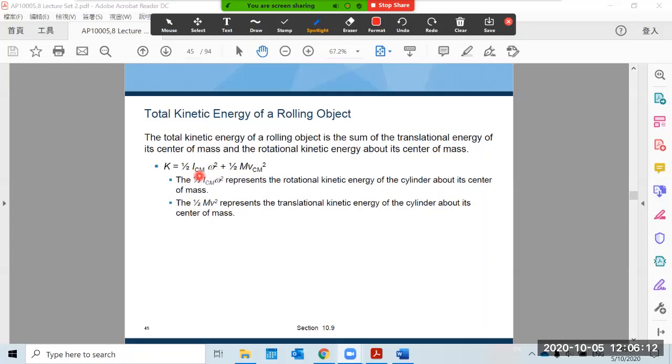So when we consider the energy of the particle, we could actually separate them into linear form and rotational form. So that is the important message here. When we consider the energy of a system, if it involves different types of motion, we could separate them into different forms.